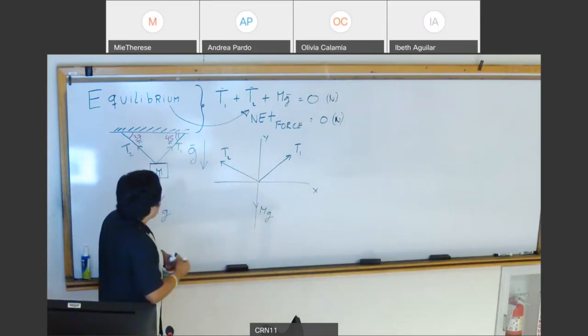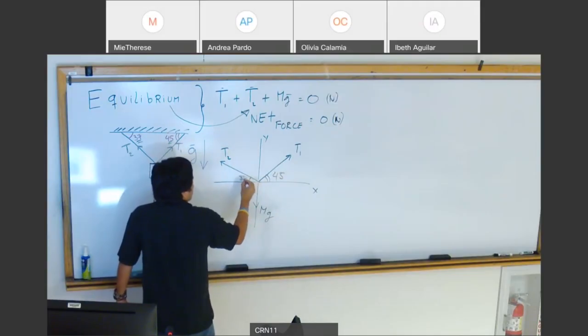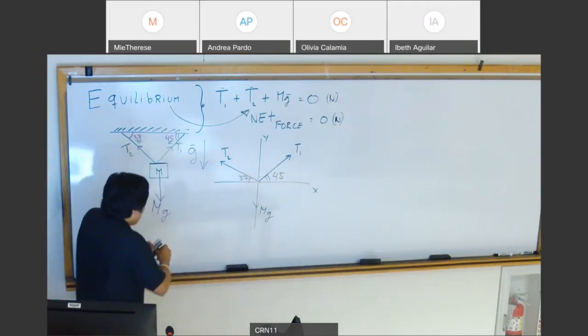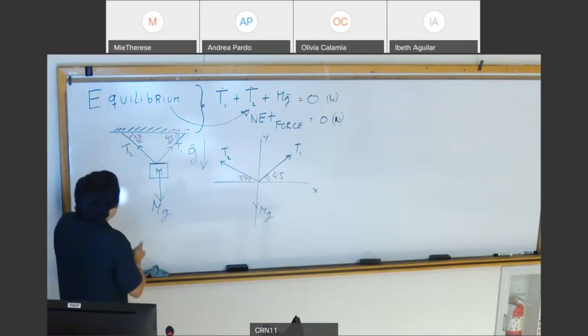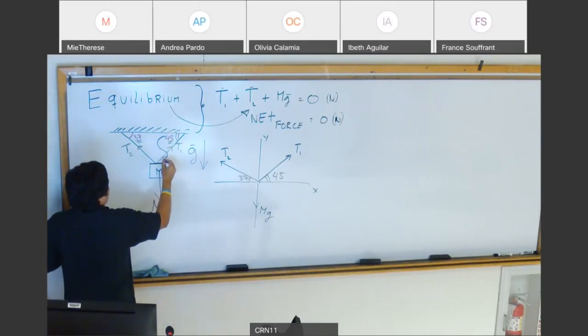What's interesting is that this angle is 45 and this is 37. How? Because of parallel lines. Alternate interiors in geometry, right? This angle is this angle there, this angle is this angle here.